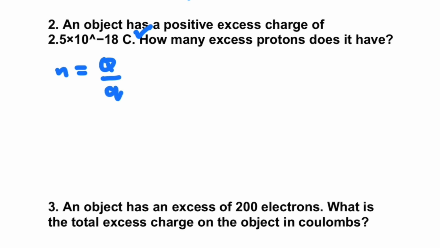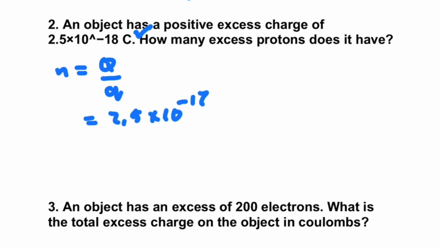The charge of an electron is minus 1.6 times 10 to the minus 19. And that of a proton is plus 1.6 times 10 to the minus 19. So in this equation, we would have 2.5 times 10 to the minus 18.